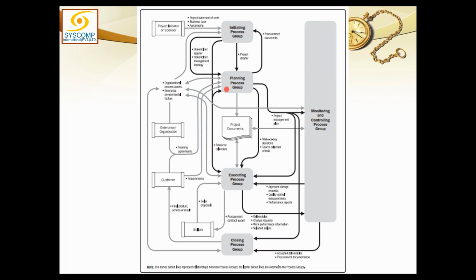What is a resource calendar? So far, I don't know what my resources are, but whatever resources will be used in this project, what is the calendar of availability of those resources? On what dates, at what times, and what hours will those resources be available? This might not be very clear in planning, so we may assume many things here.